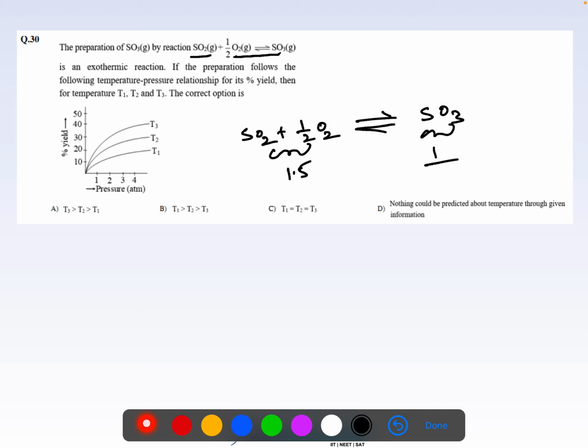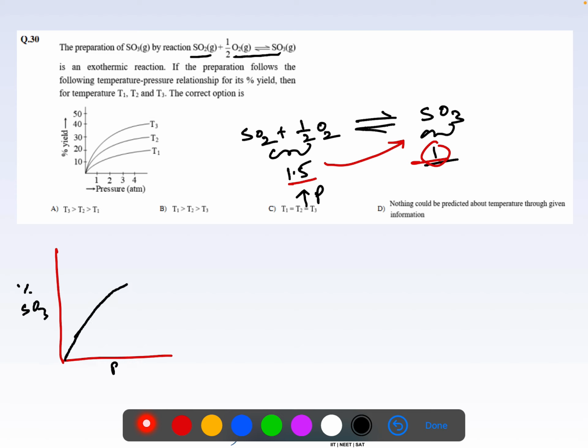So here when we increase the pressure, the reaction will shift in the direction of the products because increase in pressure favors the direction in which the number of moles is reduced. Definitely, if we draw a graph between percentage yield of SO3 versus pressure, the concentration of SO3 will increase with increase in pressure until equilibrium is established.